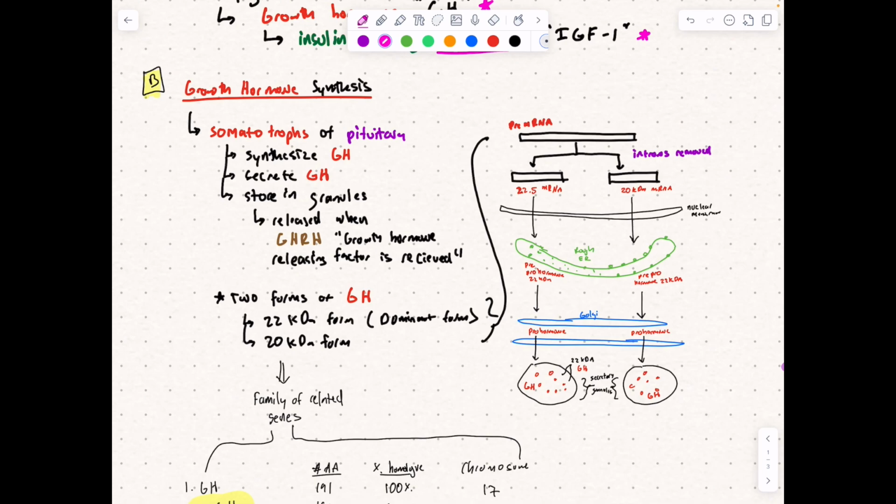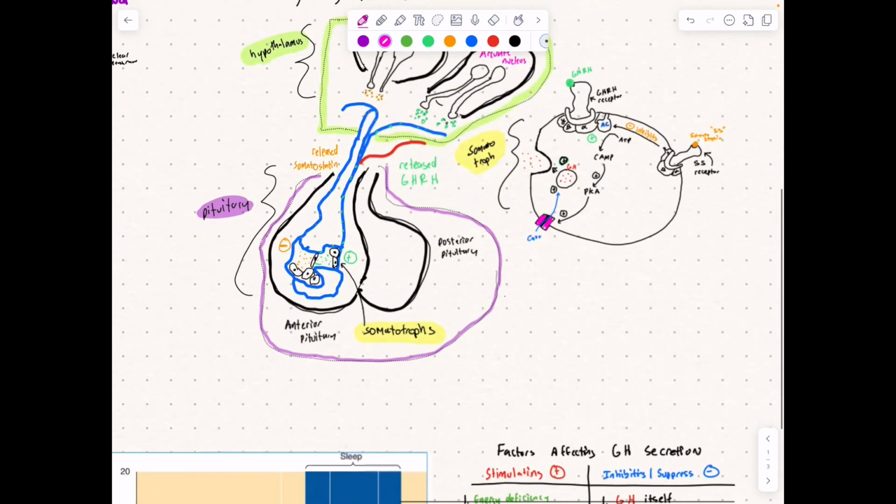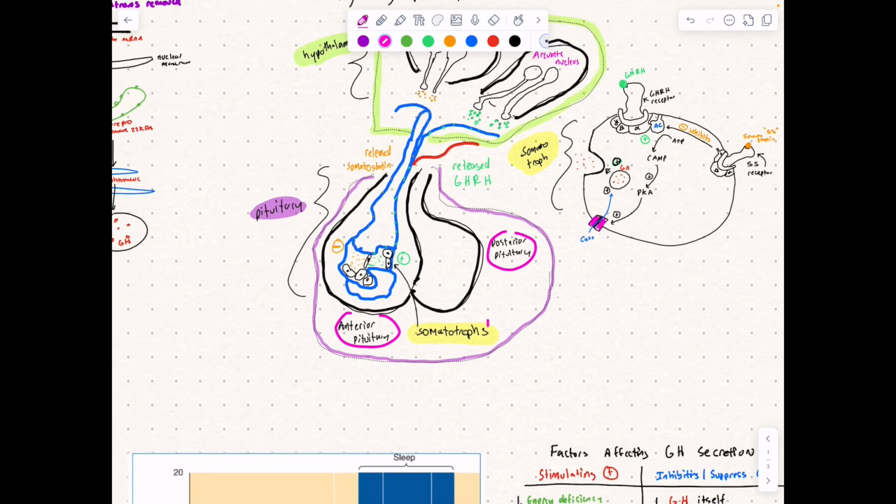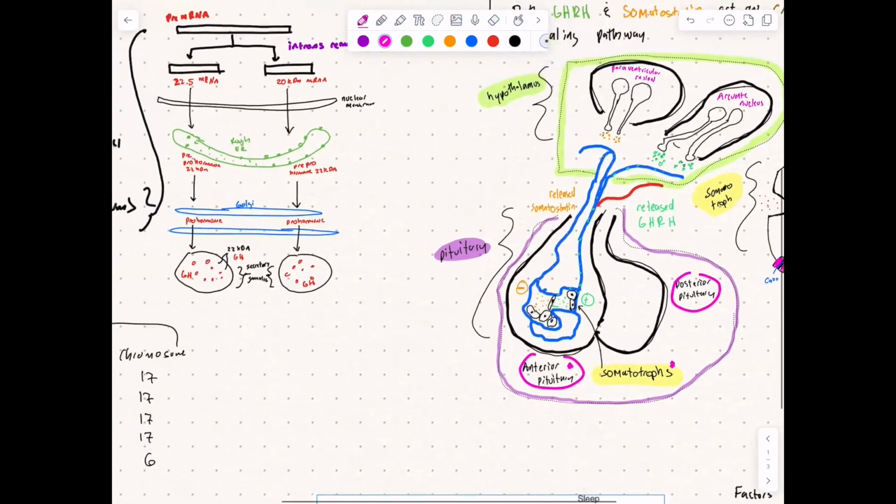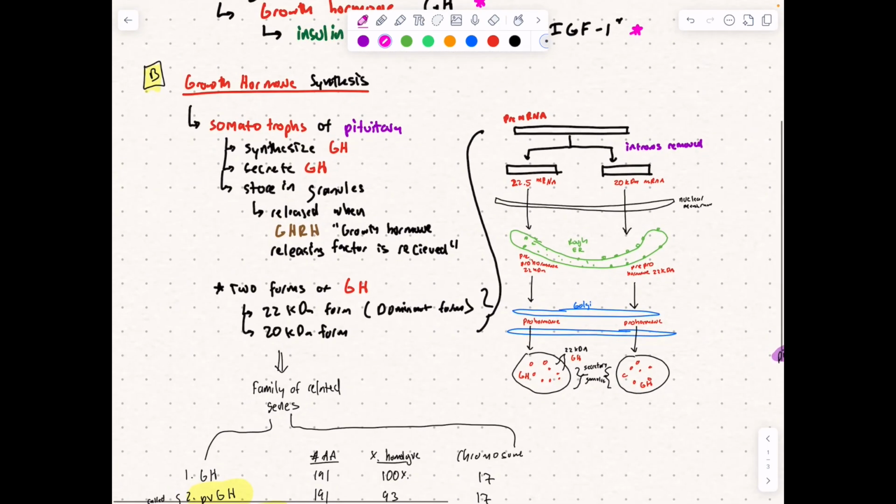You guys remember we have the anterior pituitary and the posterior pituitary. We are concerned with the somatotrophs in the anterior pituitary. They're going to synthesize growth hormone inside of the anterior pituitary.